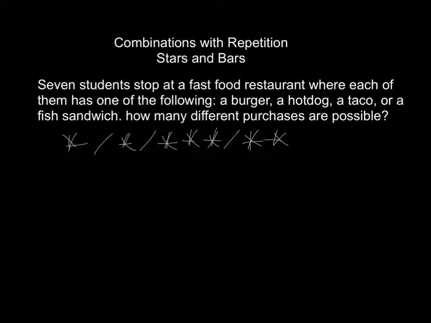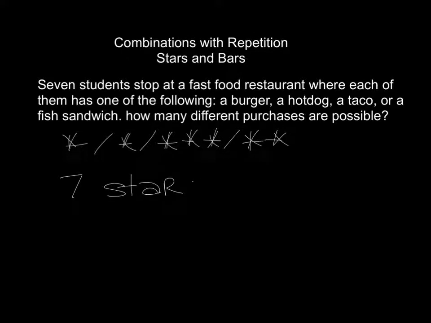But the point isn't really to train you how to work in a fast food restaurant, and I'm not sure anyone would really appreciate you taking the orders that way. But what this will help us do is figure out how many different purchases are possible, because essentially what ends up happening is every order is going to be a sequence of 7 stars.